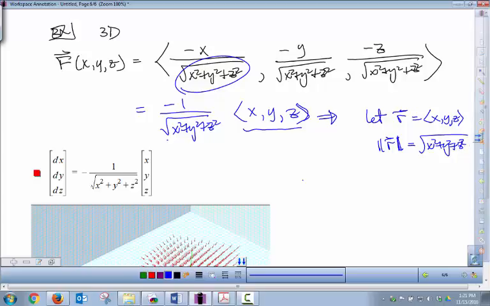Then your vector field has a way easier notation to write, where x, y, z, as a point or a vector, is just f of r, and that's equal to negative r over r squared.